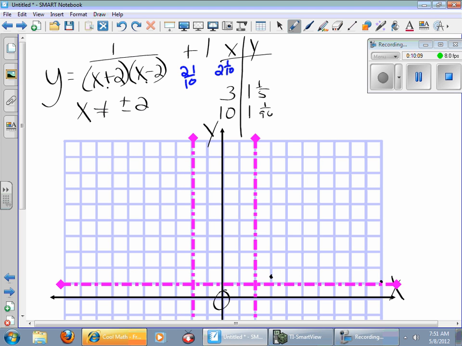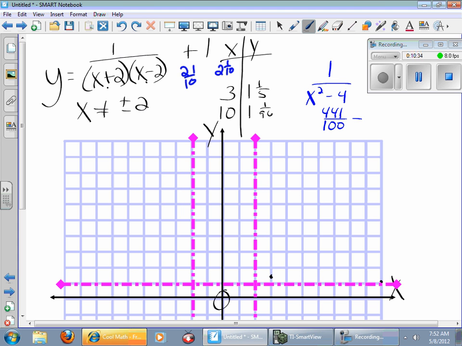So I'm going to do 1 over x squared minus 4, the unfactored form, I'm sorry. When I square this, I'm going to get 21 squared, which I think is 441, over 10 squared, which is 100.